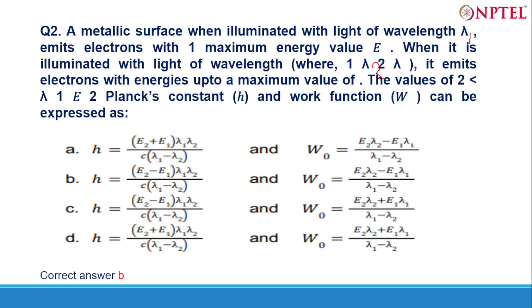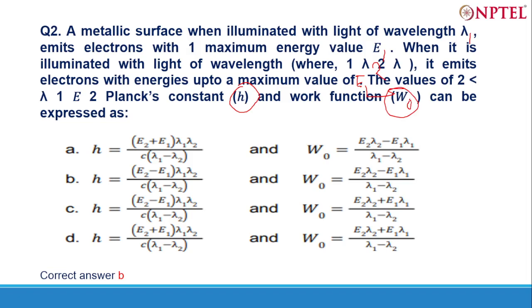Two different lights with different wavelengths emit electrons with energy up to a maximum level of E1 and E2. What should be the value of Planck's constant h, and the work function of the metal can be expressed as?